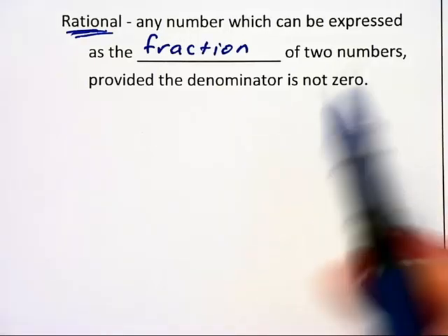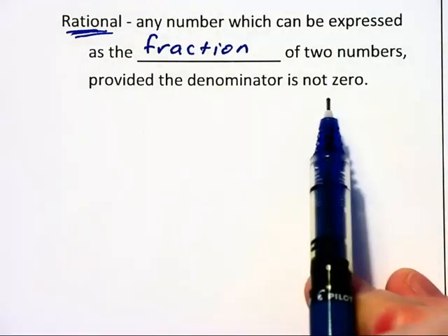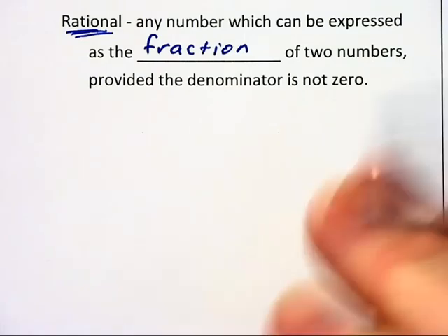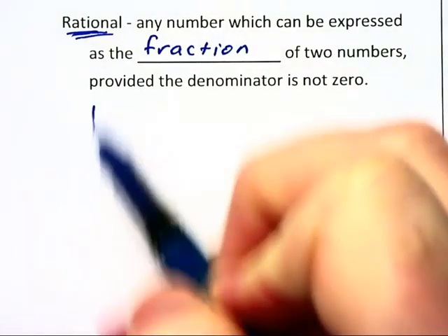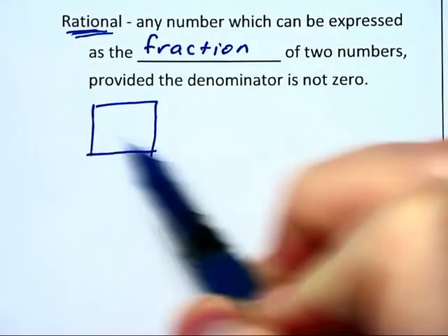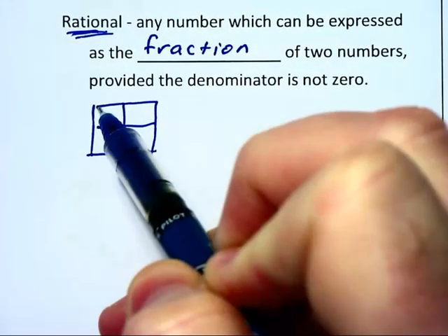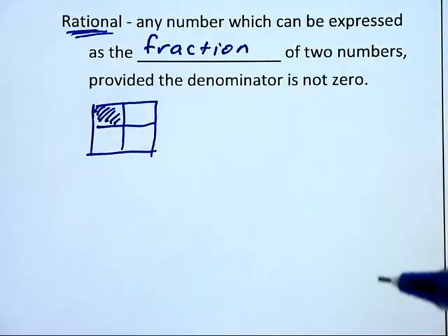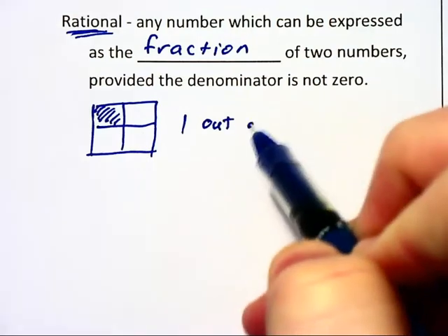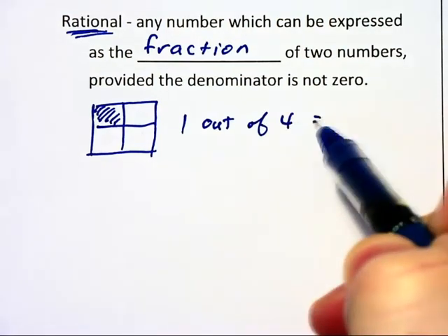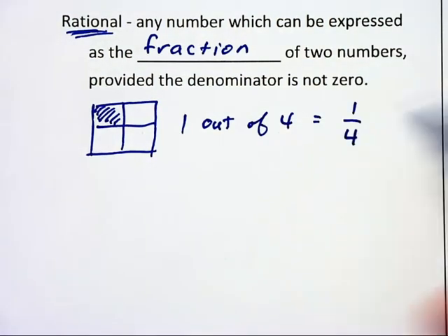Now let's talk about why we cannot have a denominator of 0. This may be kind of a basic definition, but it's a key point throughout this course. Let's pretend we had this picture drawn here with 4 squares, one of which is shaded in. If I shaded in one of the 4, that would be 1 out of 4, and that would be the fraction 1/4.